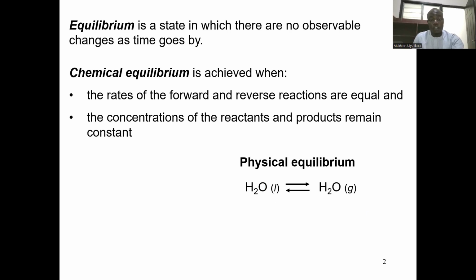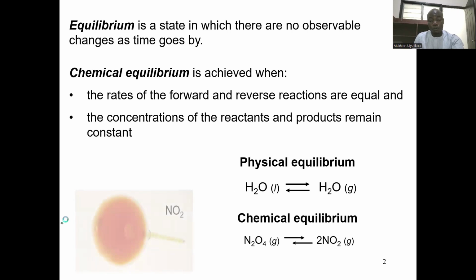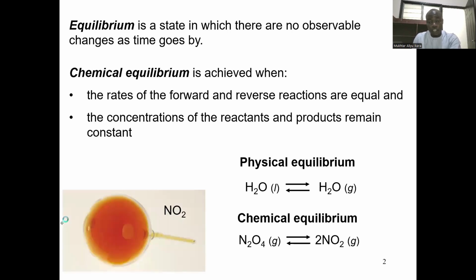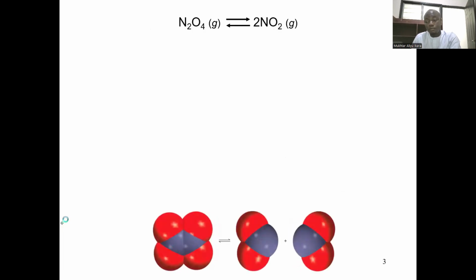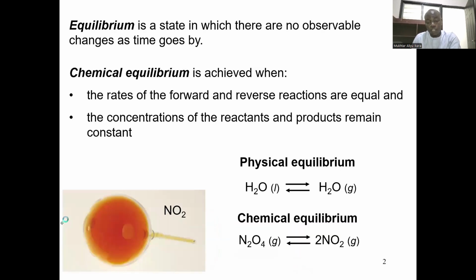And then the next one, we also have chemical equilibrium. In a chemical equilibrium, look at it, all the reactants and the products are in the same phases. You have gas and gas. You see that you have dinitrogen tetraoxide reacting to produce nitrogen dioxide. If you look at it, the rates of both the forward and the backward reactions are the same and they are all in the same phases.